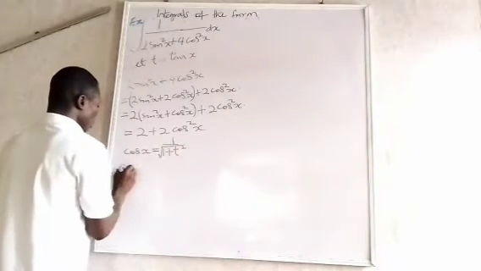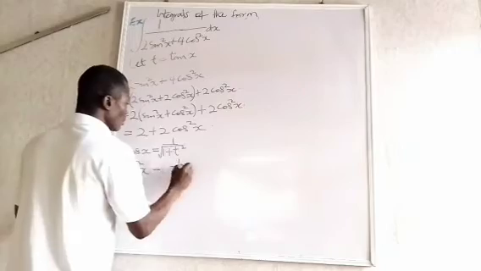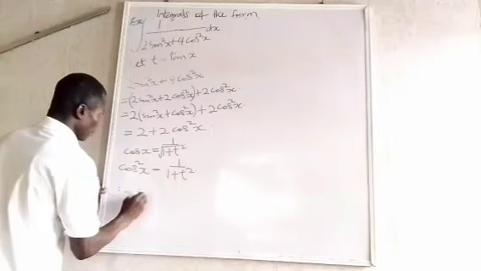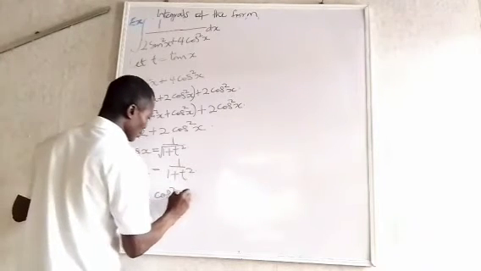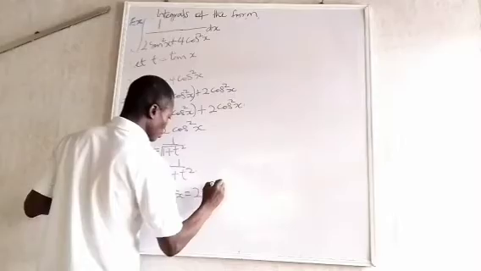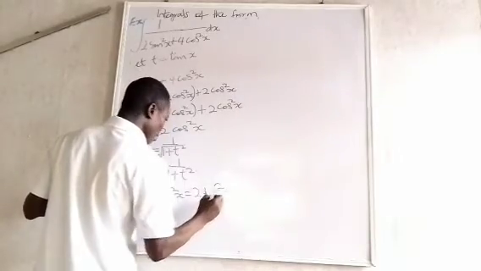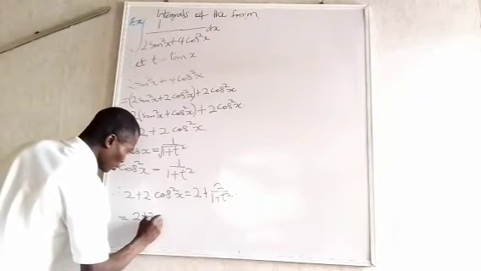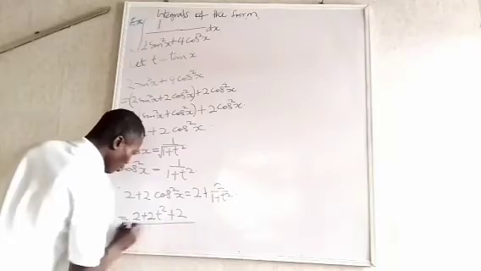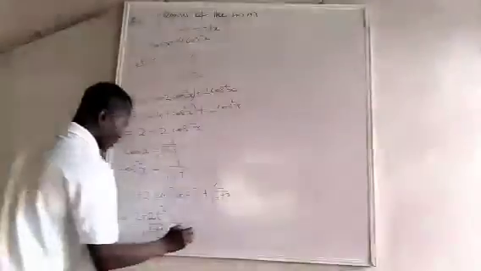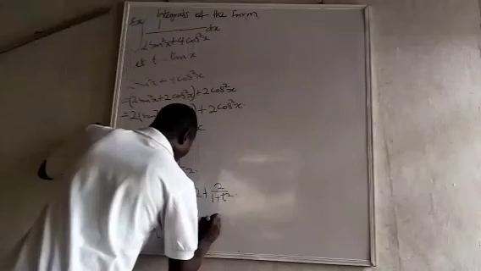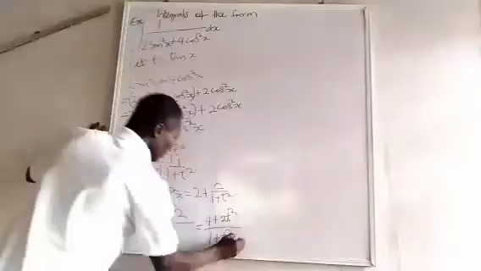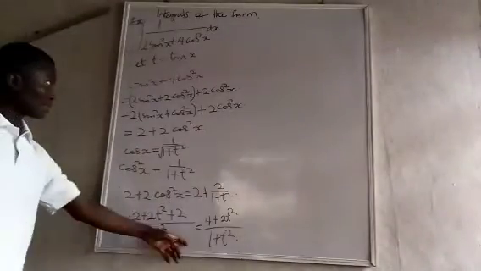So cos square x will be equal to 1 over 1 plus t squared. Therefore, 2 plus 2 cos square x will be equal to 2 plus 2 over 1 plus t squared. It's going to be 2 plus 2 t squared plus 2 over 1 plus t squared. And that's going to give me 4 plus 2t squared over 1 plus t squared. So I have broken this to this.